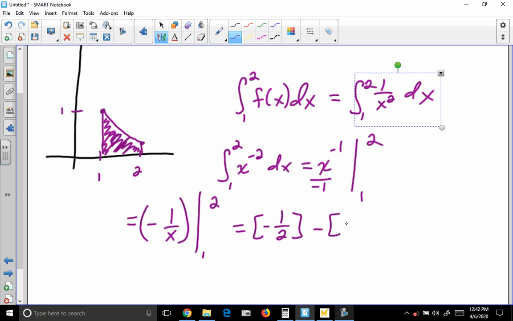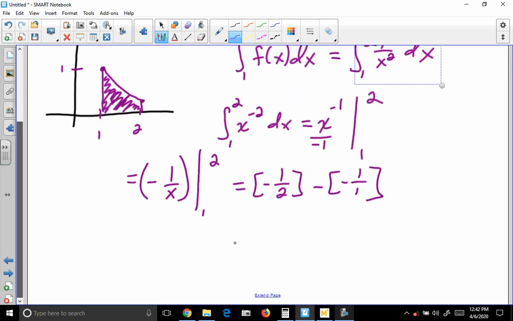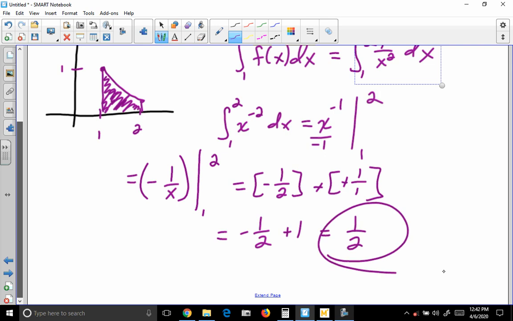Put in a 1, we have -1 over 1. If we simplify that, we get a -1/2 out front, minus a negative makes a positive. 1 over 1 is 1. And 1 minus 1/2, of course, is just 1/2. So that's all we have to do there.